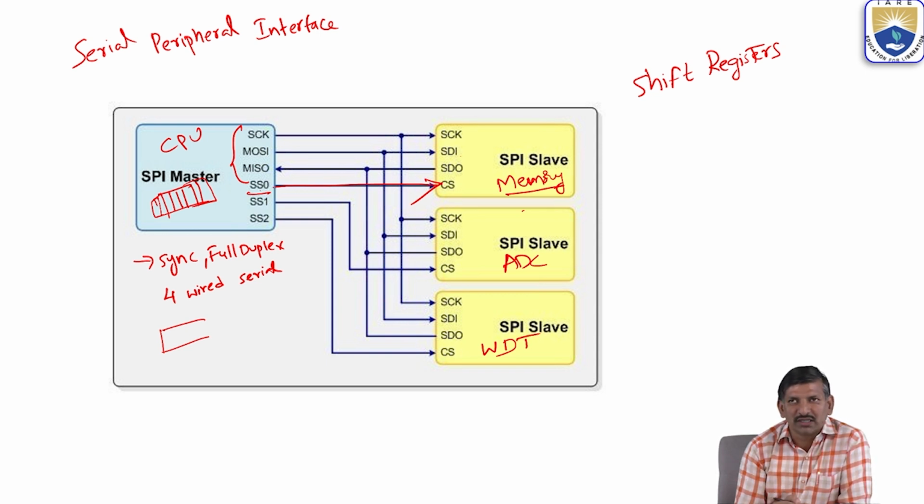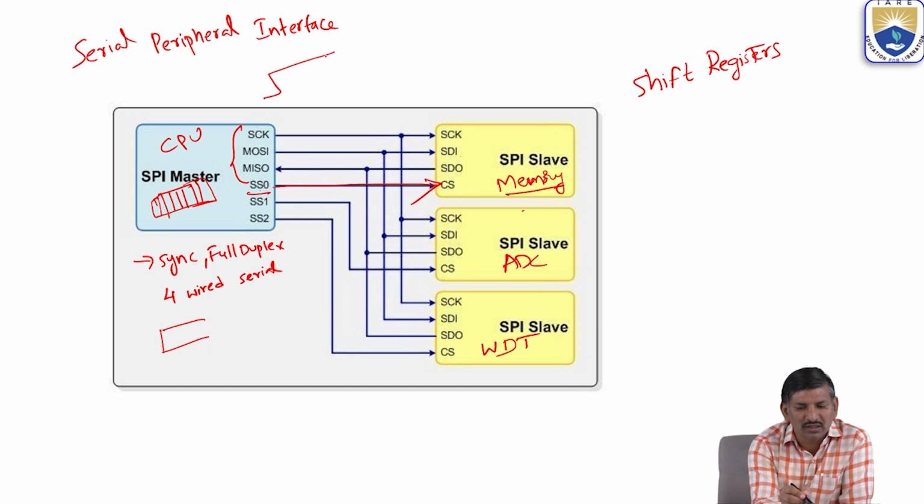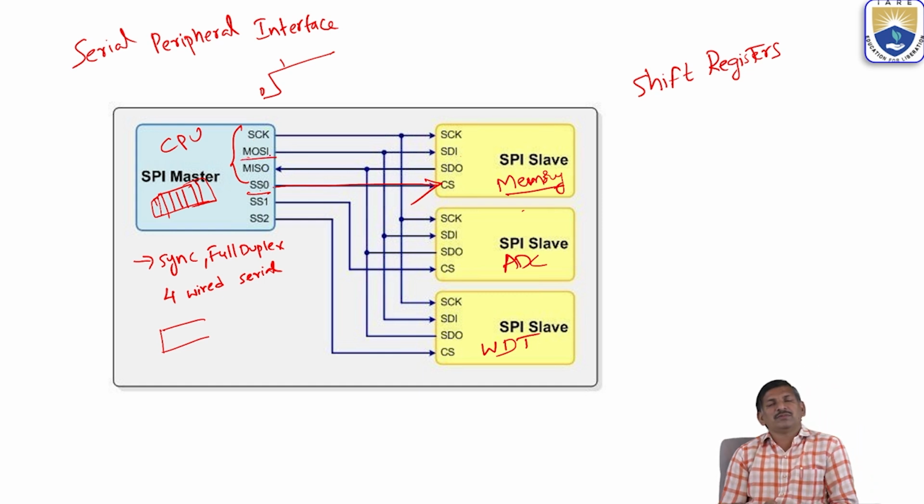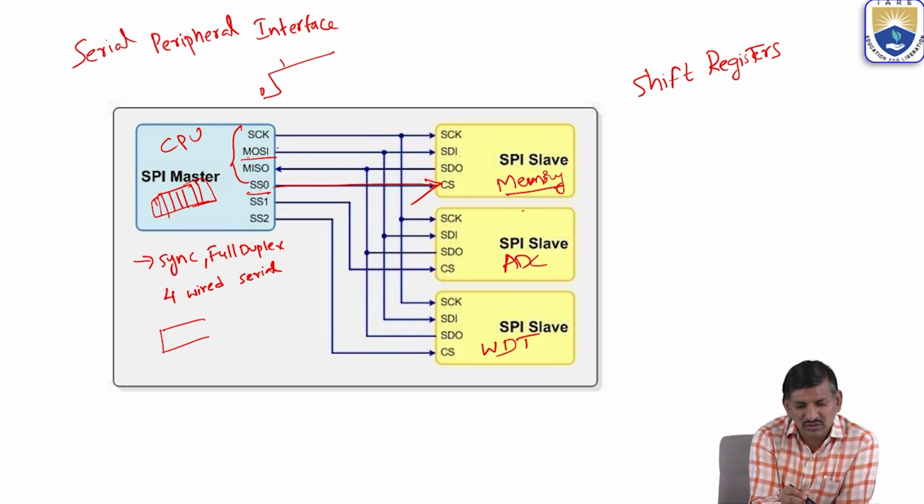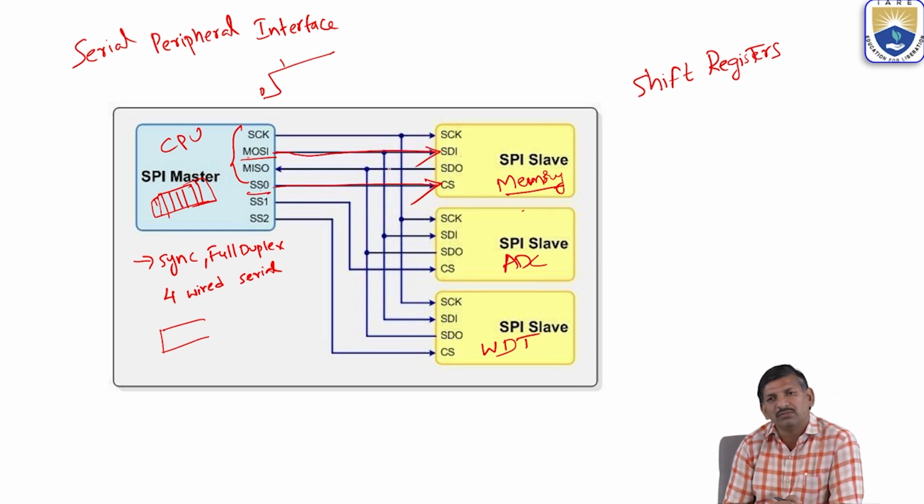So I want to store the result, and the CPU is interfacing with the memory device through slave select. Next, the serial clock goes from 0 to 1. Whatever data is in the shift register is shifted to the master output slave input, and from this it sends the data to the memory device.